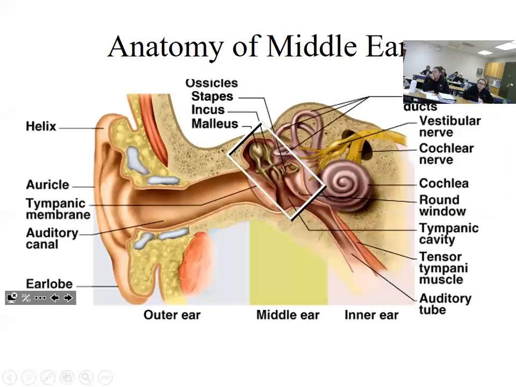These compressed molecules are going to be caught by this shell called the auricle, which you call your ear, right? Your outer ear, this auricle, which is like a shell that is going to tunnel these wavelengths into this external auditory canal. Now, I want everybody just to look at the picture and see if it doesn't make sense to you at this point.